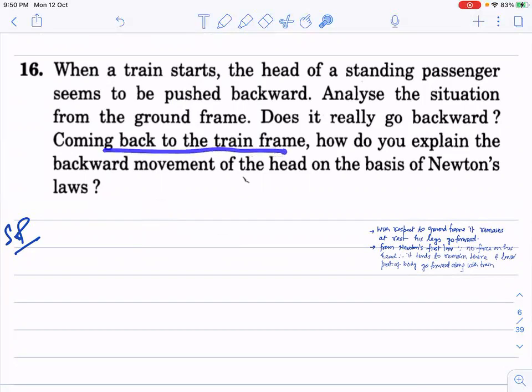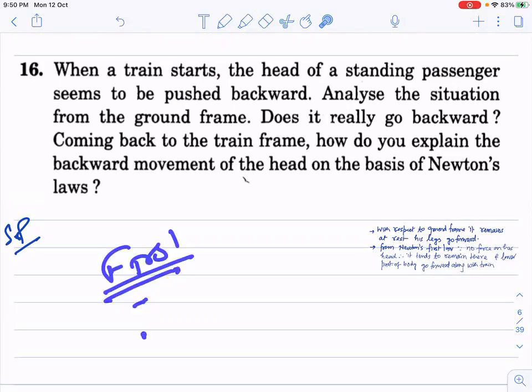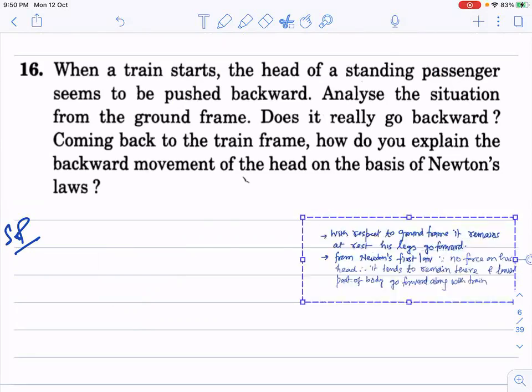Coming back to the train frame, how do you explain the backward movement of the head on the basis of Newton's law? It is from the first law. Head tends to remain there because no force on the head, whereas the lower part of the body is pulled forward by the train because of the friction or some other forces.